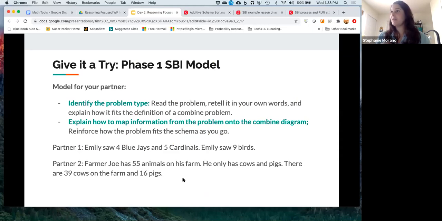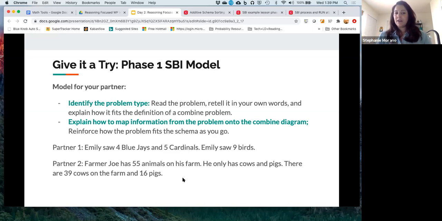This time I'm going to send you into rooms with just 2 people, so that one partner will have an opportunity to model the process with the first problem there. Emily saw 4 blue jays and 5 cardinals. Emily saw 9 birds. And the second partner can model the process with the problem about Farmer Joe.